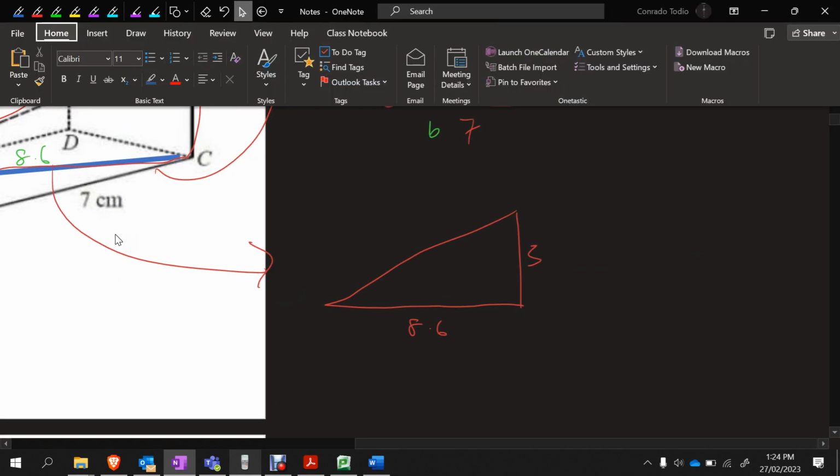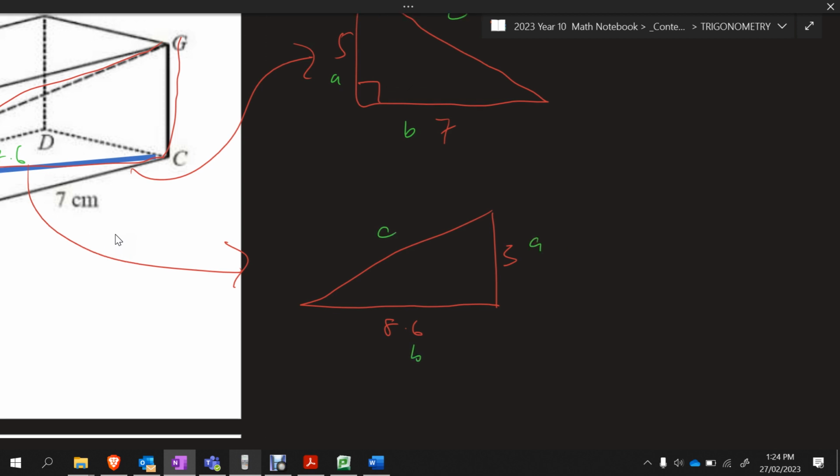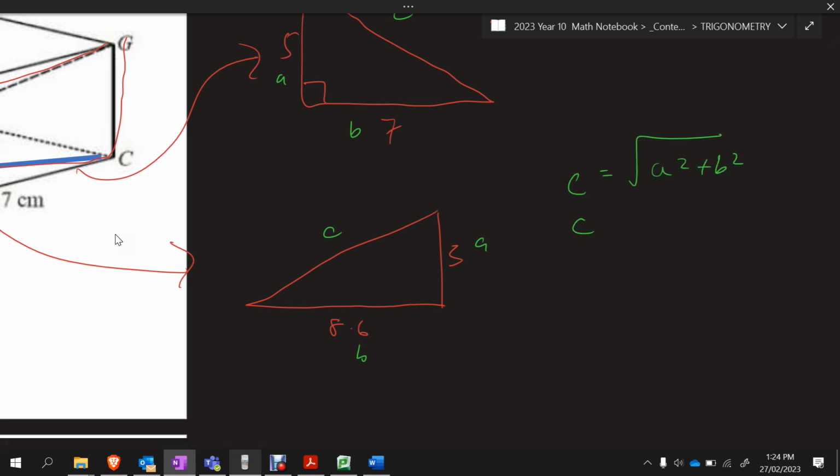So now, again, same thing. We're looking for C. That's A, that's B. So for this, it's going to be C equals the square root of A squared plus B squared.